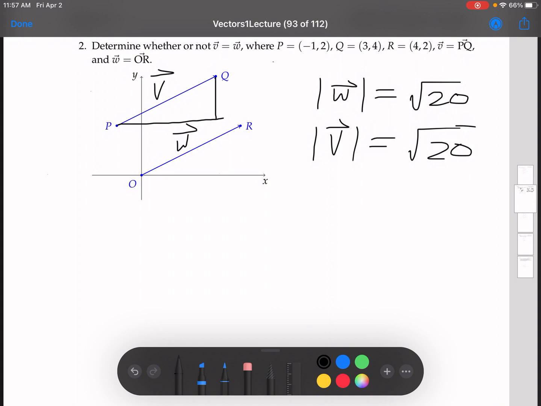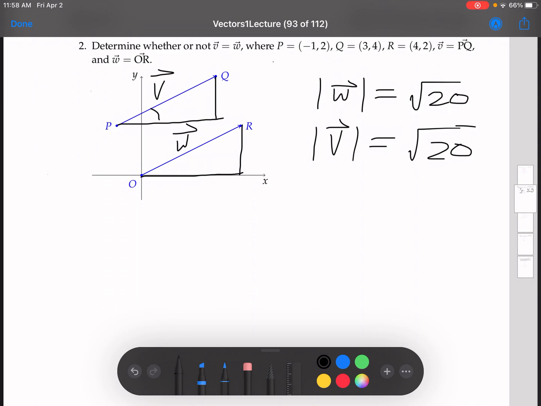Now, for the purposes of this class, because we're in Calc 2 and our motivation in Calc 2 for teaching you vectors is to get you ready for Calc 3. In Calc 3, you work in 3 or more dimensions. And the way that you'll be able to tell if two vectors have the same direction in Calc 3 is you'll look at these angles here.